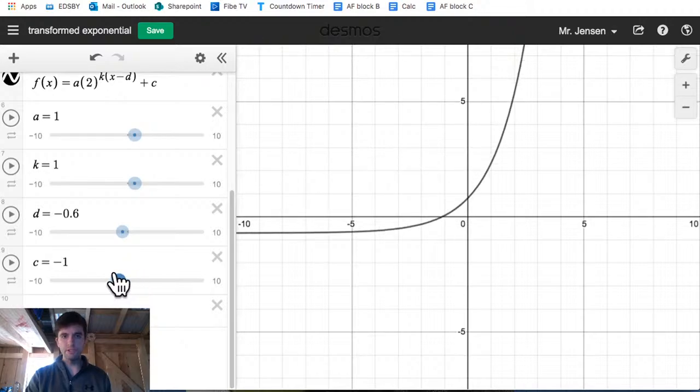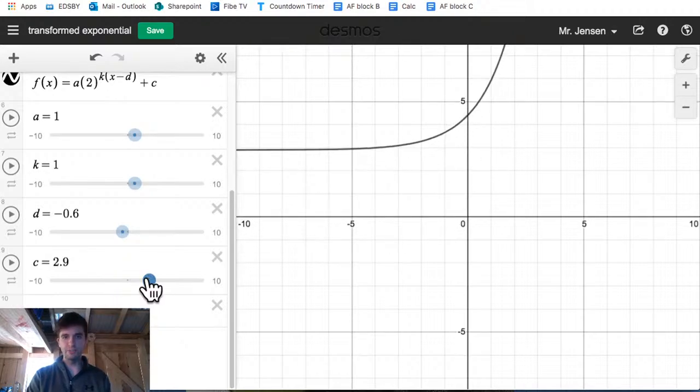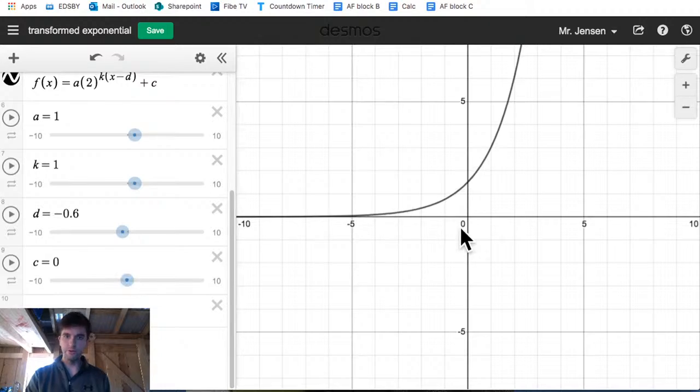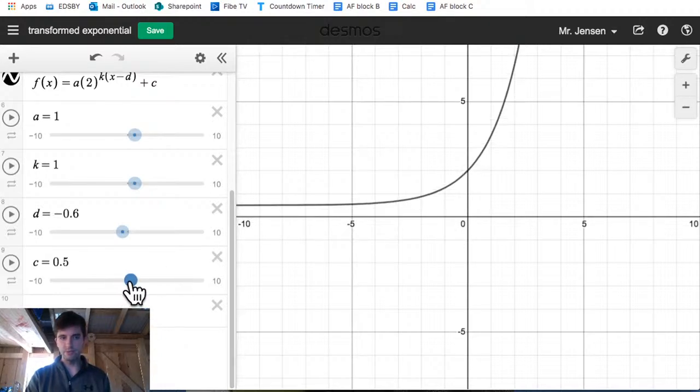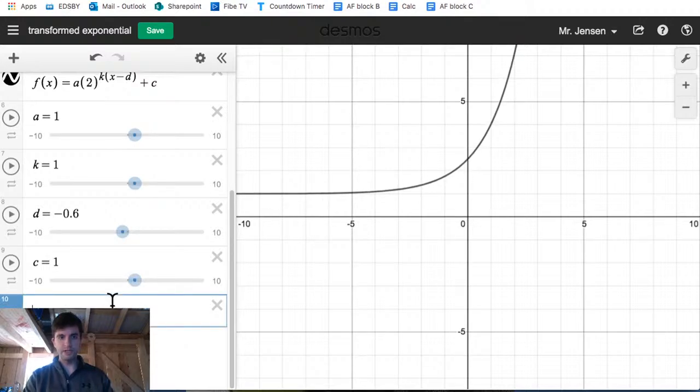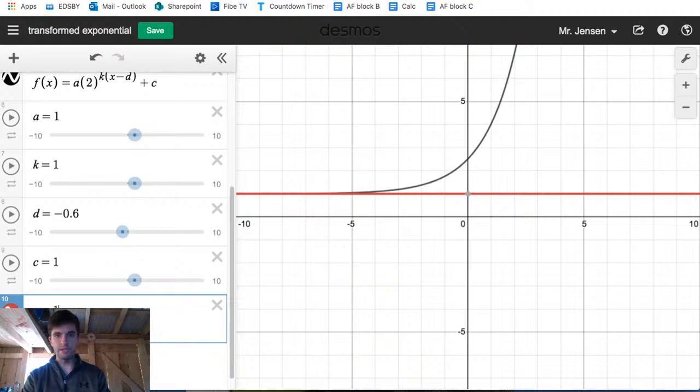So notice the only parameter that is going to change where the horizontal asymptote is the c value. When c is at 0, the horizontal asymptote is at y equals 0. But if I make c equal to, let's say, 1, the horizontal asymptote, let me just draw it in, would be at y equals 1. So the c value tells you where the horizontal asymptote is moved to.